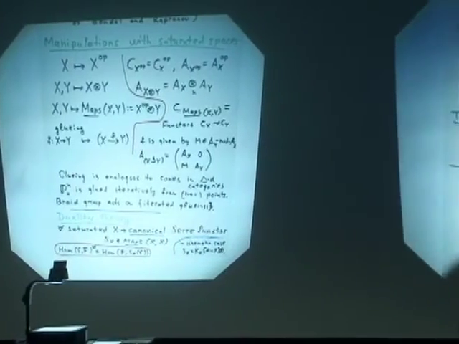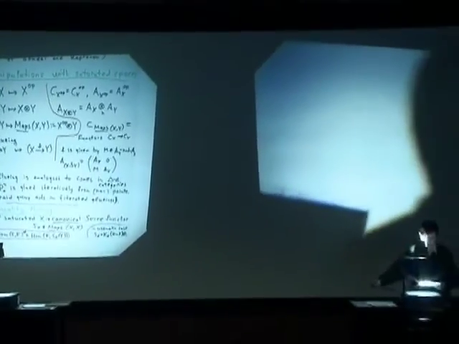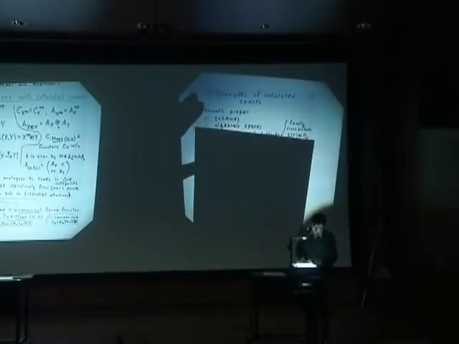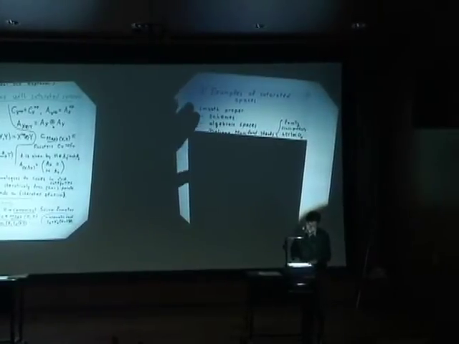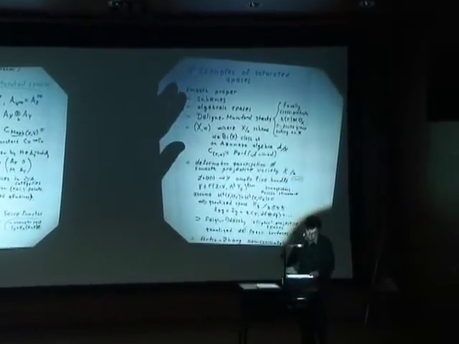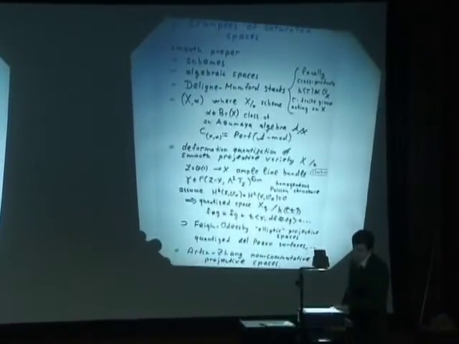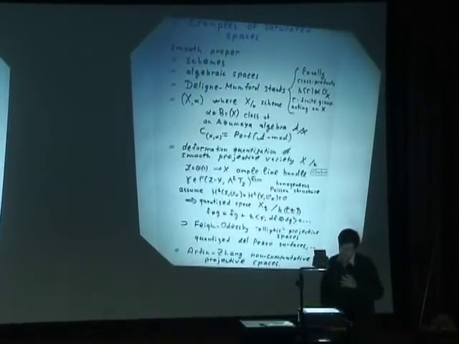Okay, so now we have these saturated spaces, and what are examples of such things? We can list the whole list. Yeah, so there are several sources. You can start with smooth proper schemes.